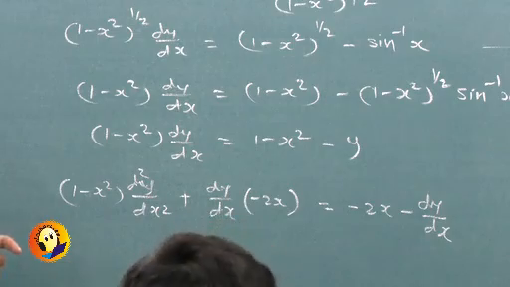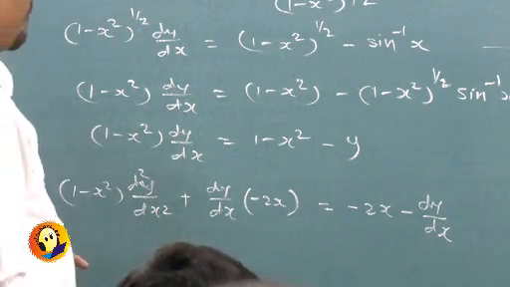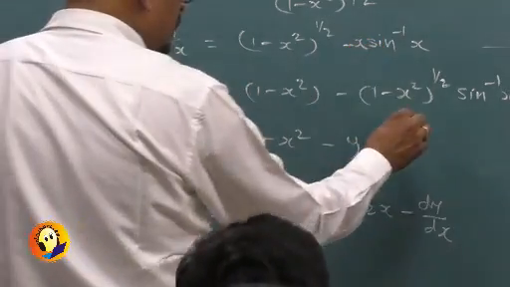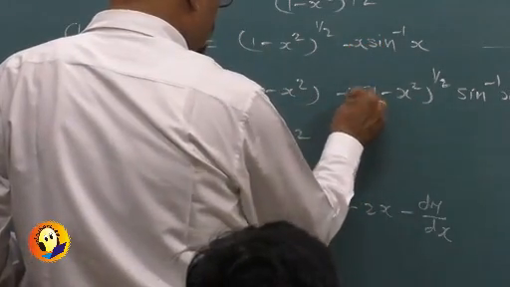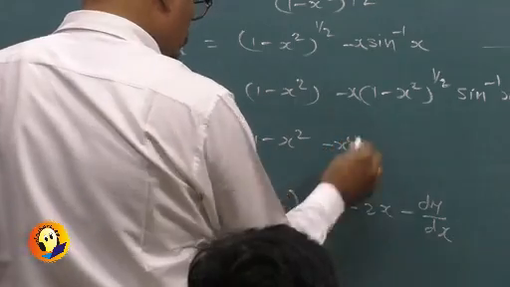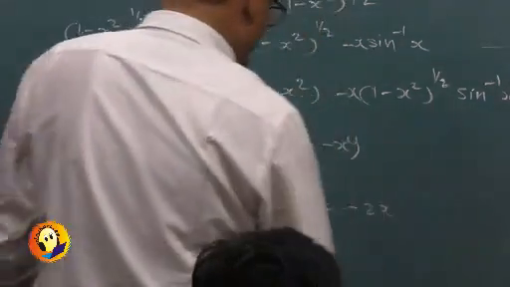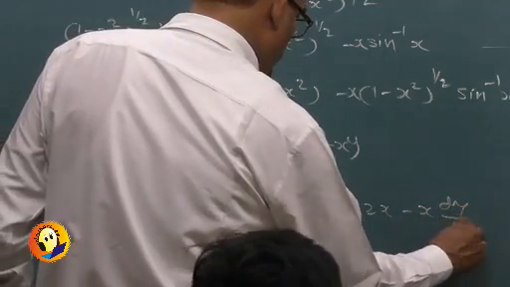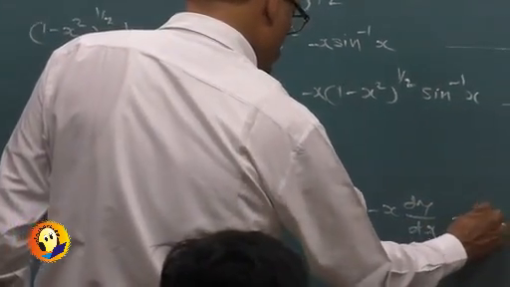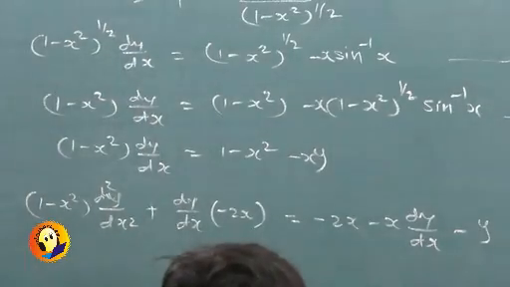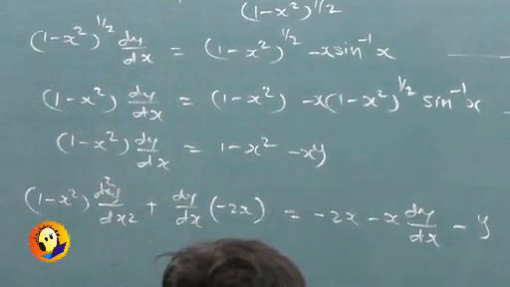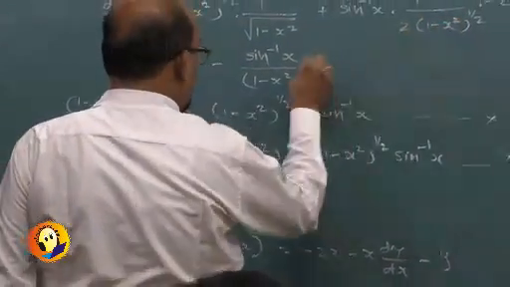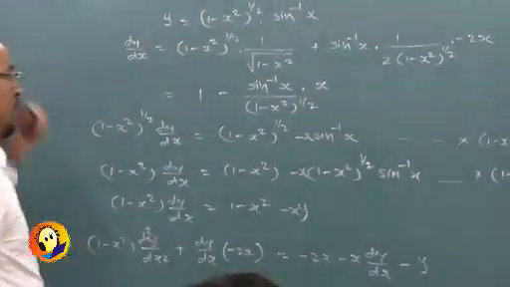So basically minus x sin inverse x, so this will be xy. Good enough. So minus 2x minus x dy by dx minus y. And it is proved only then. We missed out this x here, we missed it here.